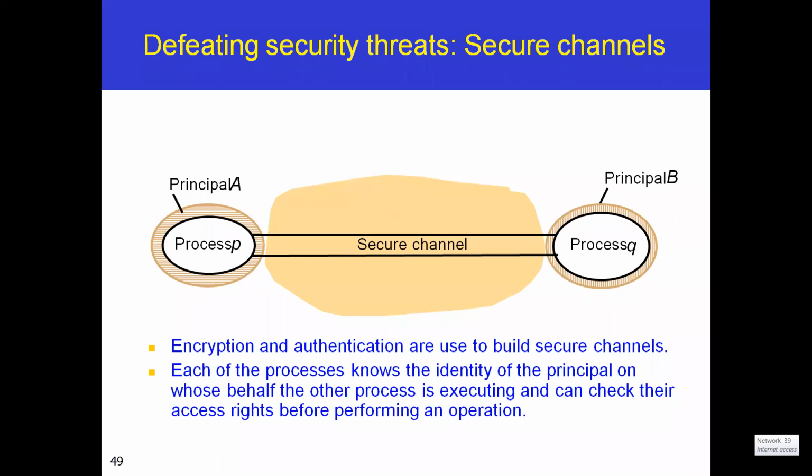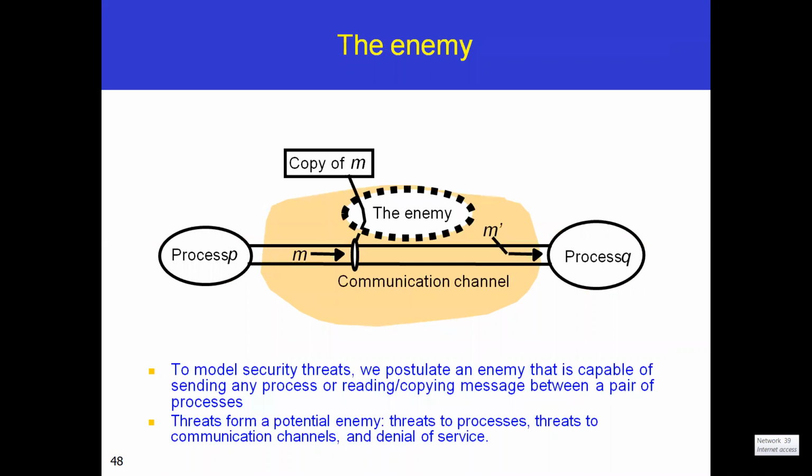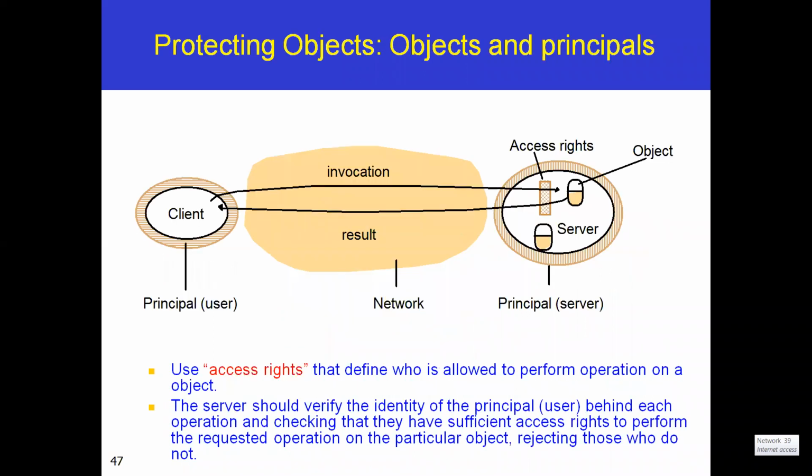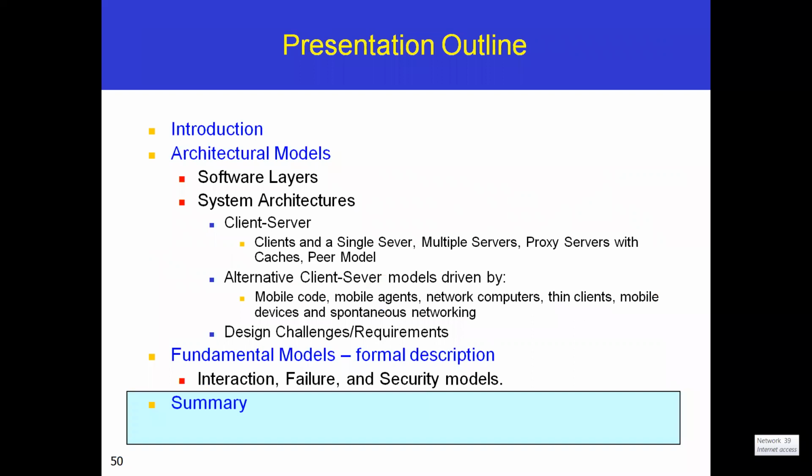In this particular diagram, we are securing the channel. This one represents the enemy, which will copy the information. And in this one, we are dealing with access rights. This is all about the security model.